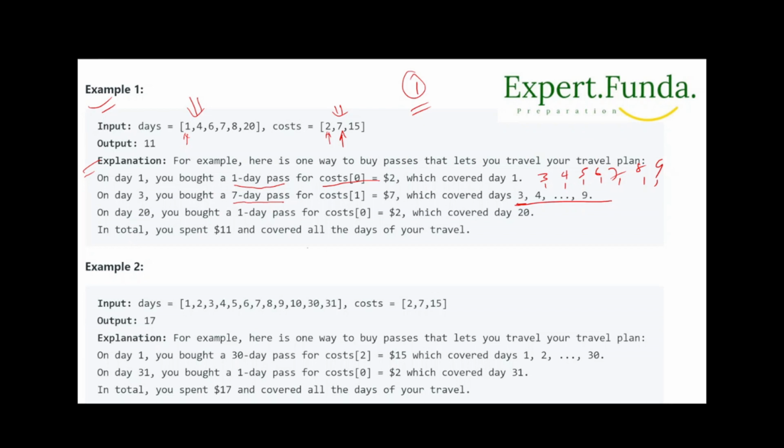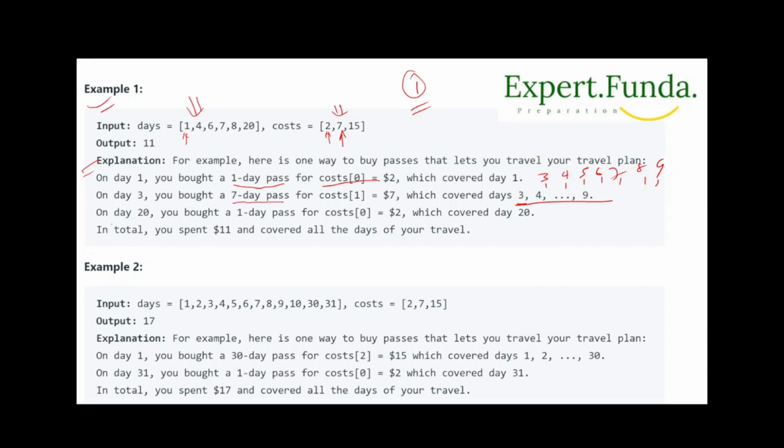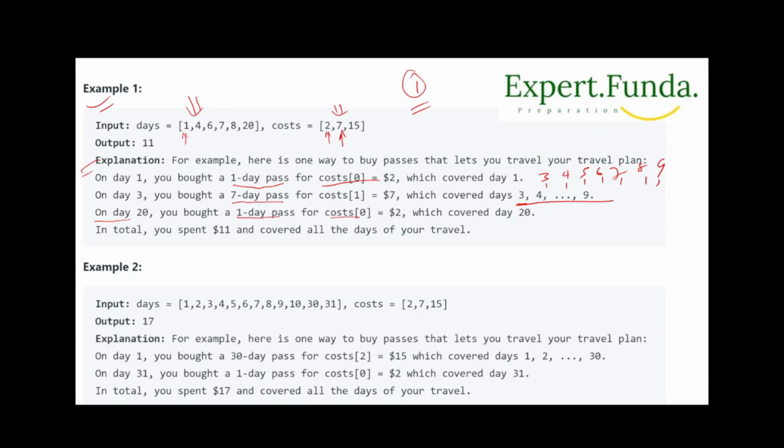Now we come to day 20. On day 20 you buy a 1 day pass for the cost of $2, because only 1 day is left here.